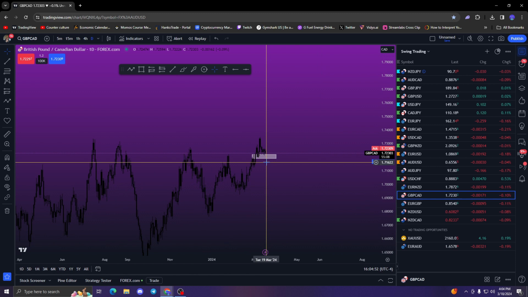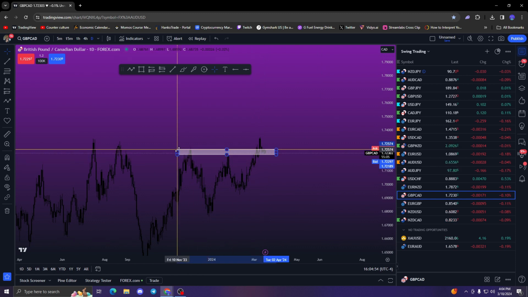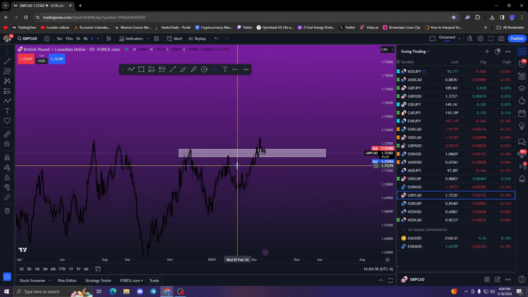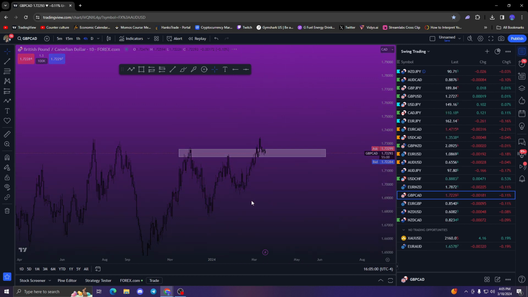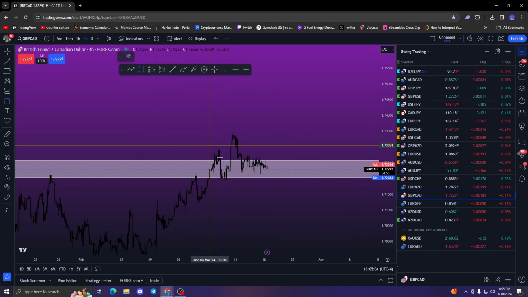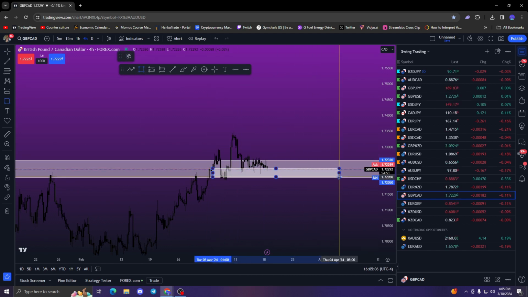GBP CAD. Looks like price has already broken above this resistance and is retesting a support. Going into the 4-hour, we actually have this support zone here as well.